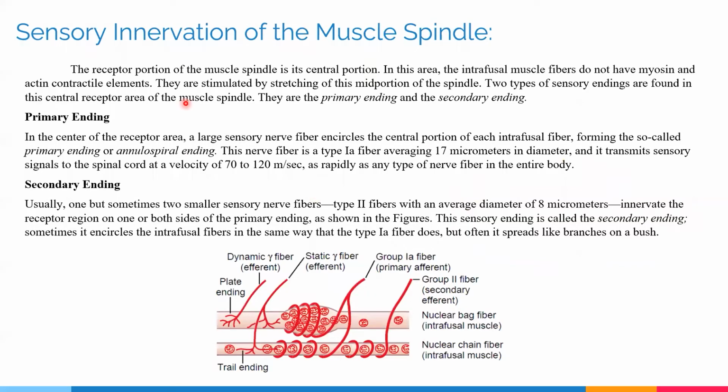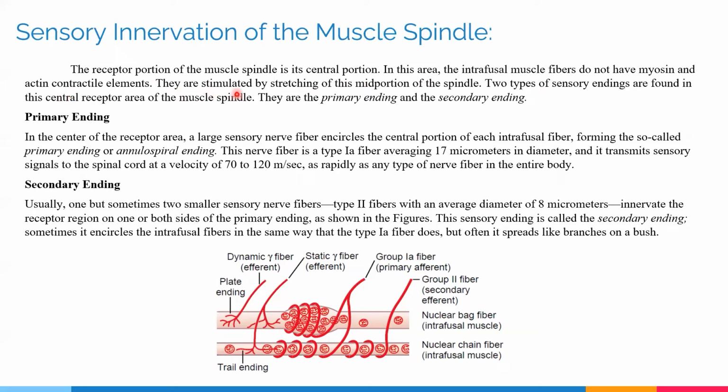Now let us look in detail into the sensory innervation of the muscle spindle. The receptor portion of the muscle spindle is its central portion. In this particular area or segment, the intrafusal muscle fibers do not have myosin and actin contractile elements.